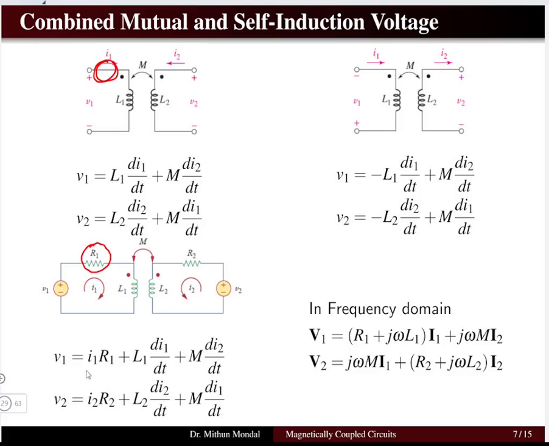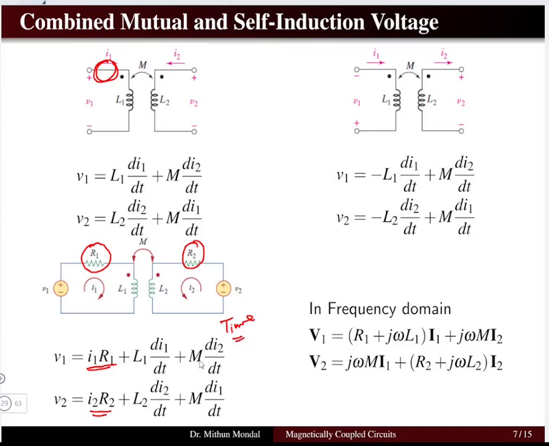In that case, we have to add I1 R1, the voltage drop across the resistance of the first coil, and if we have the coil resistance R2, there is a drop of I2 R2. So depending upon what types of elements are involved in the circuit connection, we can write down the voltage equations. Now this is in the time domain.